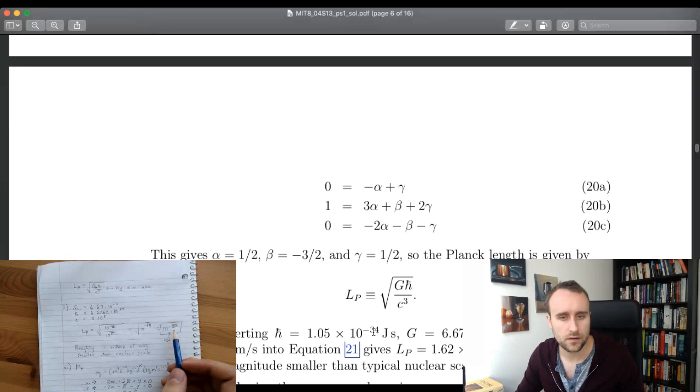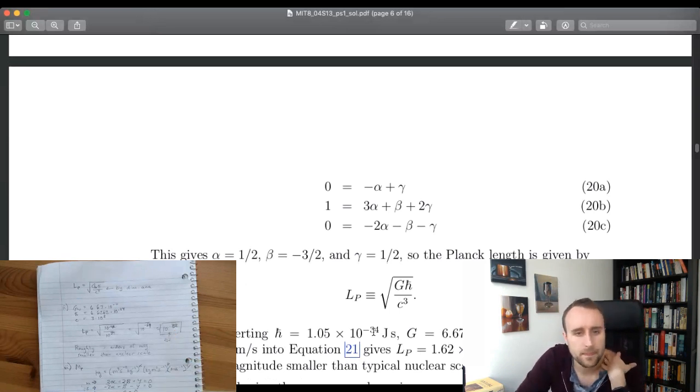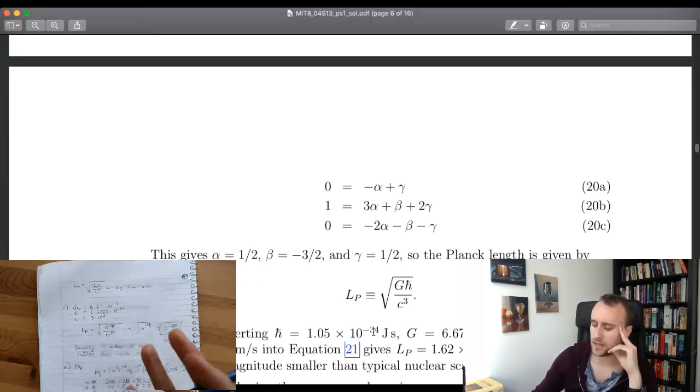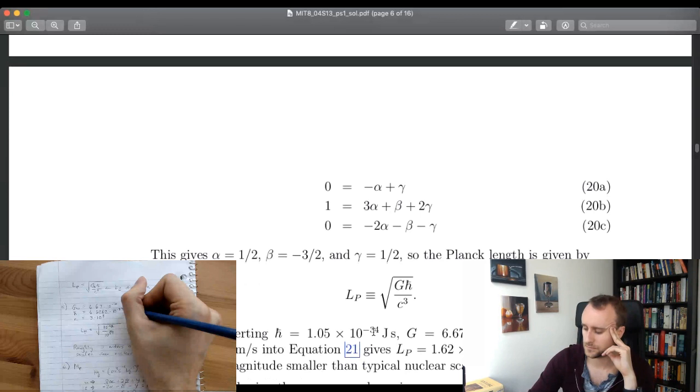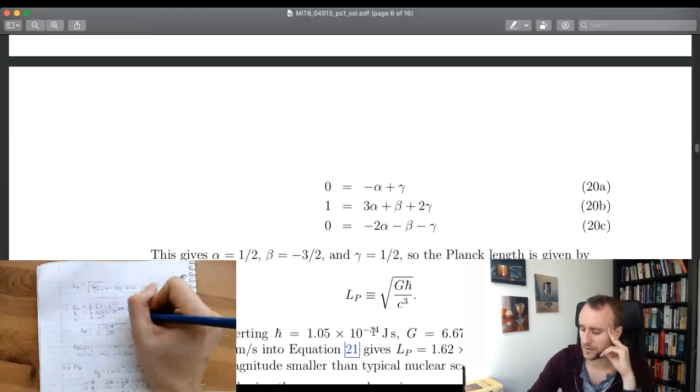Gives this times this. Wait. I have here 6.62. Oh, because this is h, and I've got h bar, which is divided by 2 pi. Root 2 pi, 2 pi.